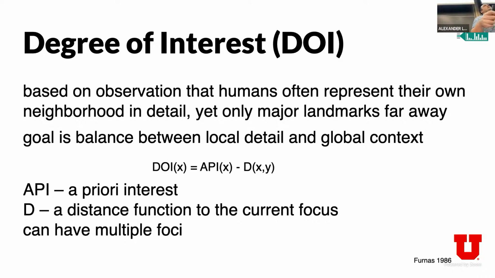Big cities that are important, for example Las Vegas and Denver, have a high a priori interest. But if I am local, here in Utah, I might even consider adding things like very close by coffee shops. That would be my distance function. So the idea is that where you are, you show the neighborhood in detail, and for everything else, you show the very important things. That's what this function combines.